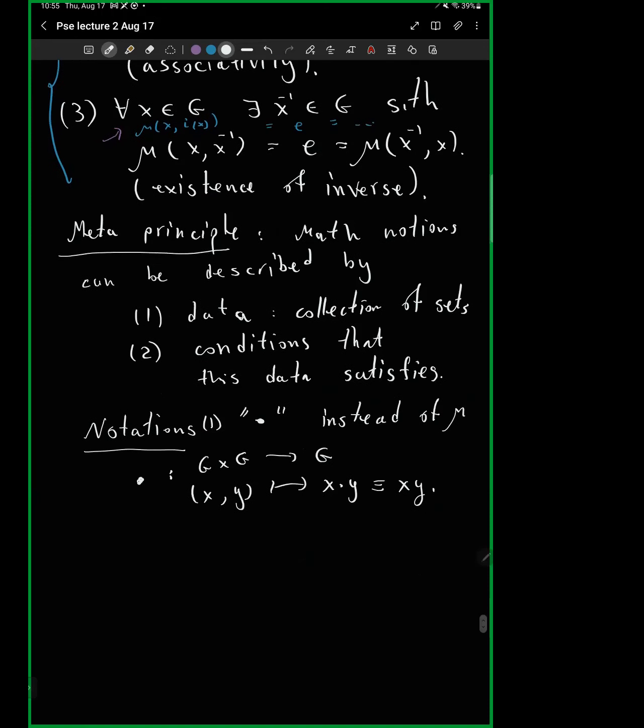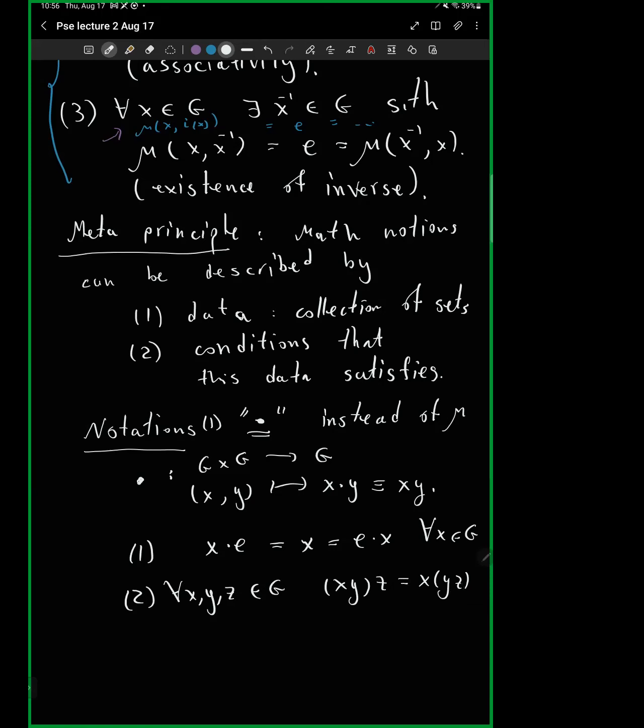Okay, but if I don't assume anything on the group, then I have this dot notation instead of mu. So the axioms are: 1, that x times e is equal to x, which is equal to e times x, for all x in G. 2, that for all x, y, z in G, (xy) times z is equal to x times (yz).